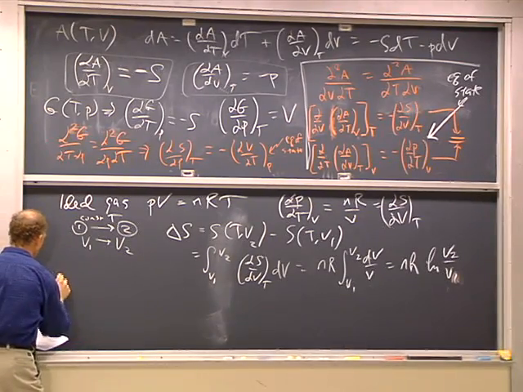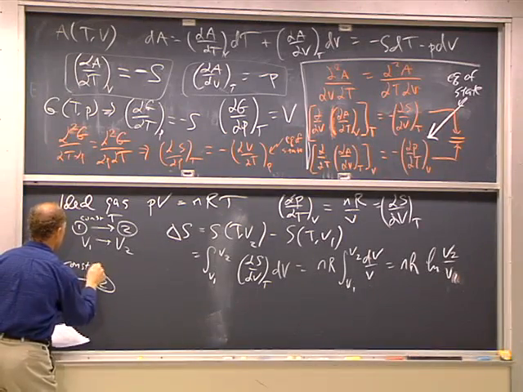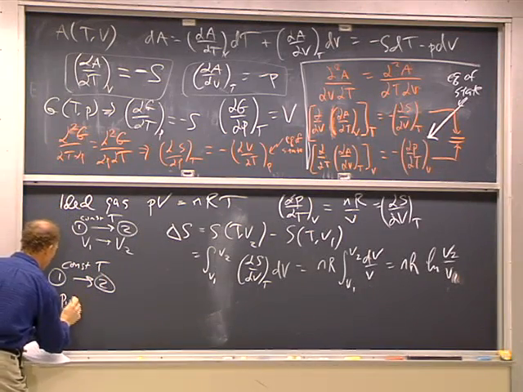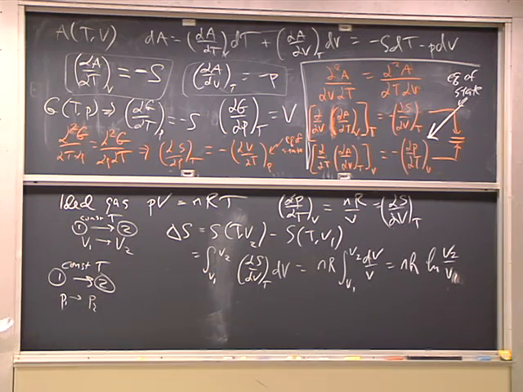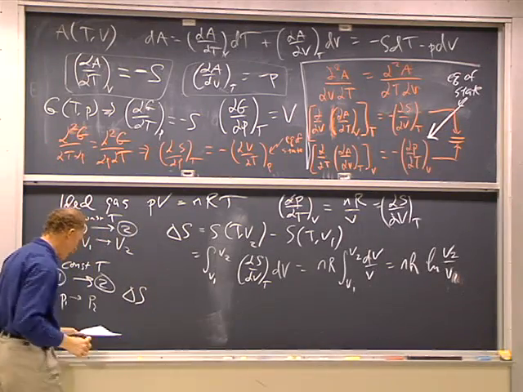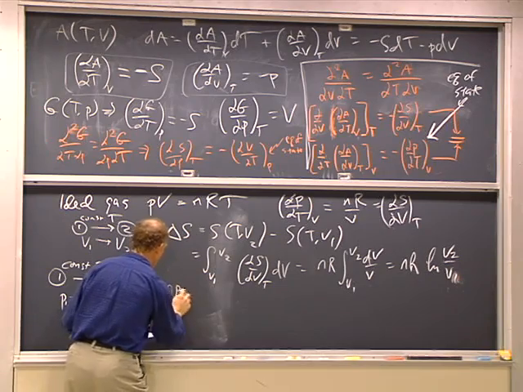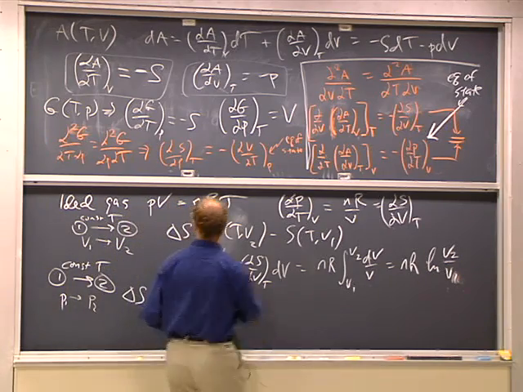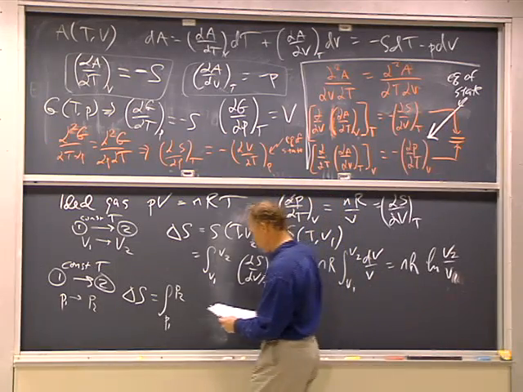So if we do a process where 1 goes to 2 at constant temperature, and now the pressure P1 goes to P2, well then delta S is just the integral from P1 to P2 of dS/dP times dP.